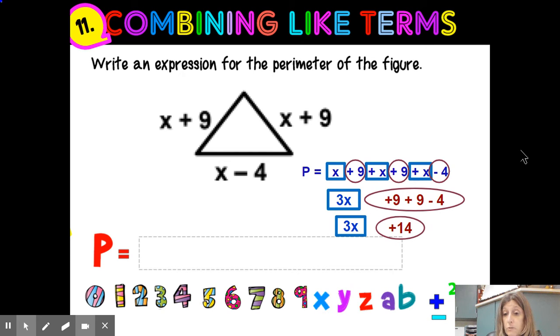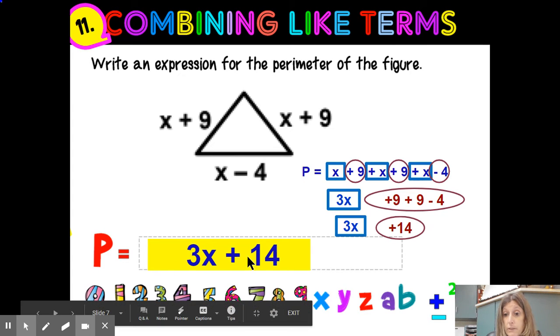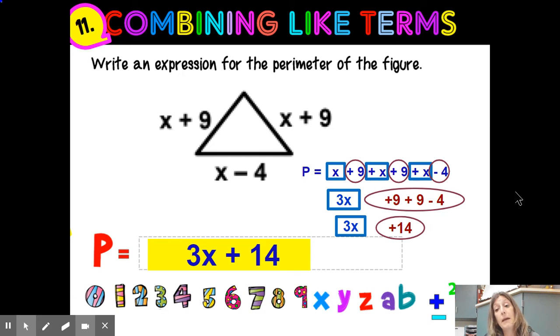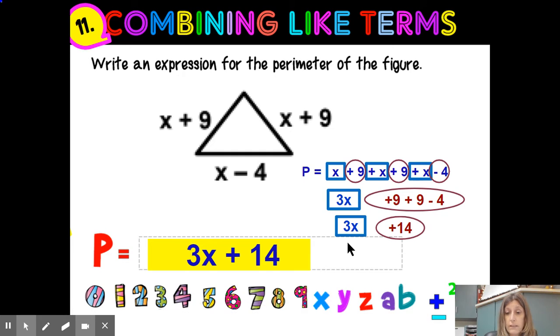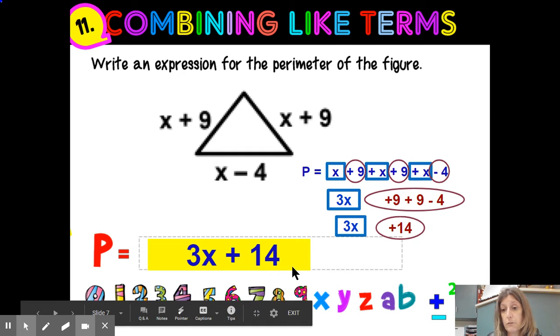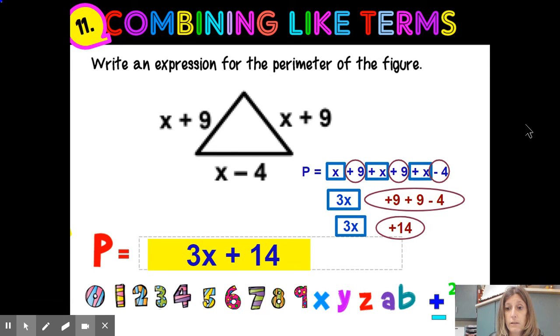I keep going until my terms are different. They are all different, so I cannot put them together, and that's it. We don't know what x is. It doesn't matter. It may tell us, but right now we just simplify the expression. So 3x plus 14.